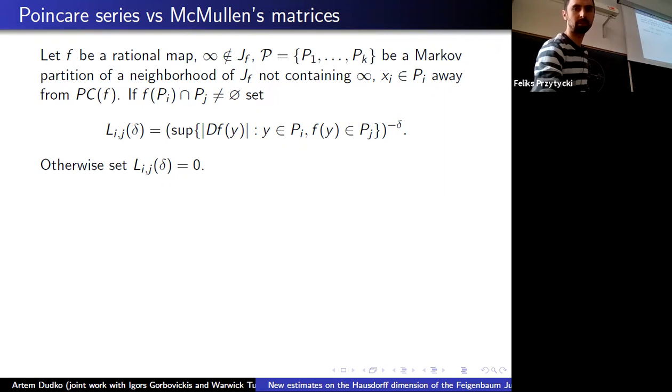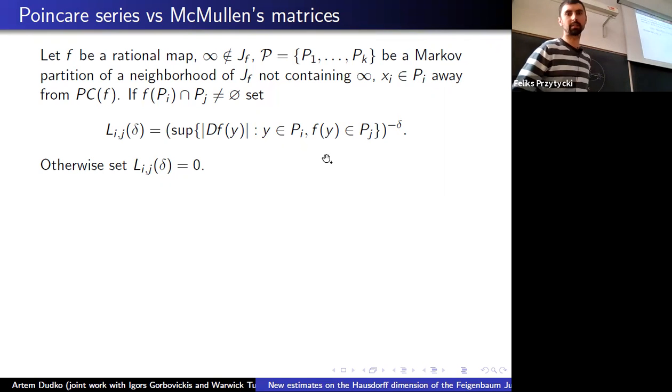And we define modified Macmillan matrices by, instead of taking the inverse derivative of the inverse iterate at points xi, taking the lowest possible value for this inverse derivative between two pieces Pi and Pj.